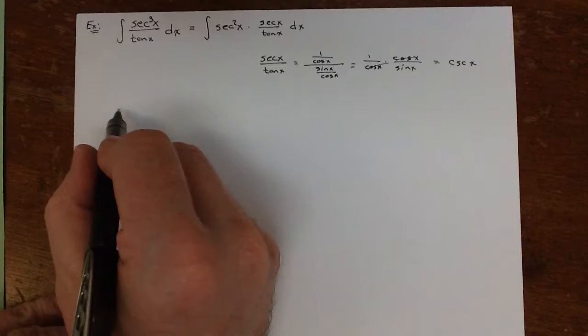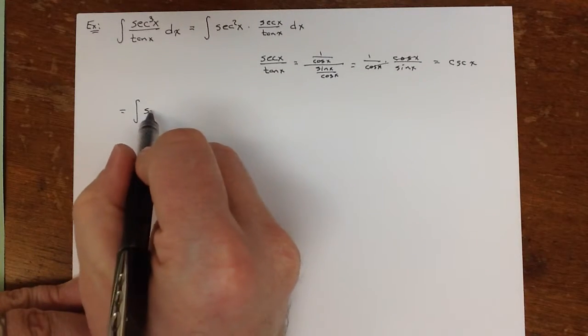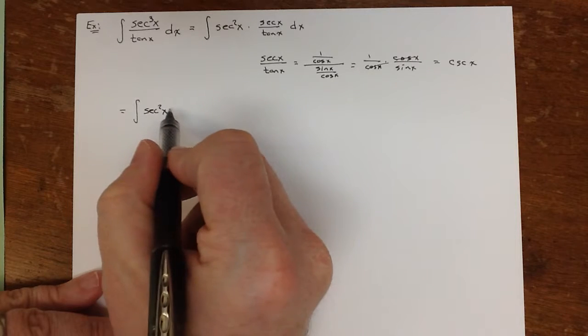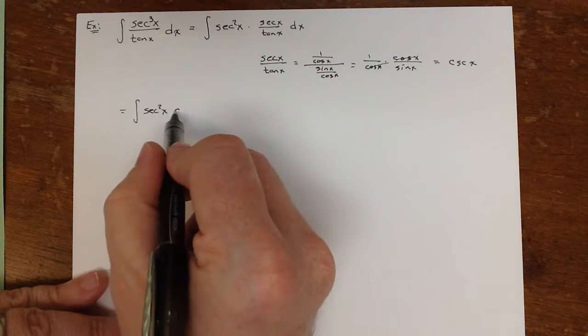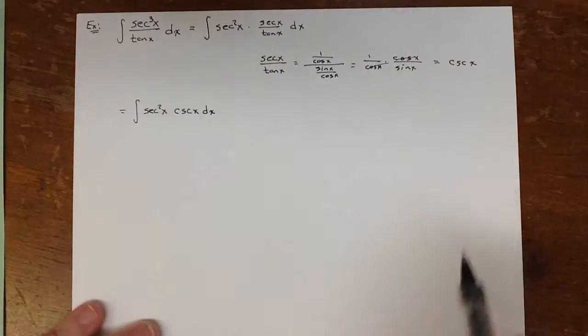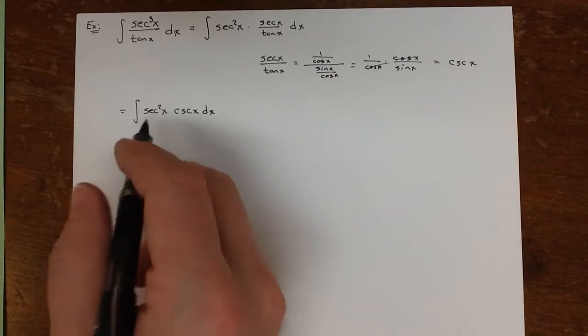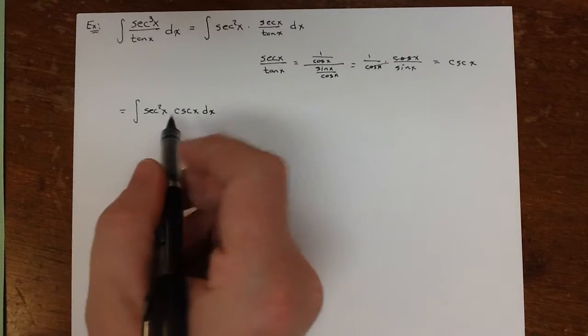So I can rewrite my integral then as the integral of secant squared x times cosecant x dx. Now I'm going to use integration by parts on this, because secant squared is something we can integrate easily.